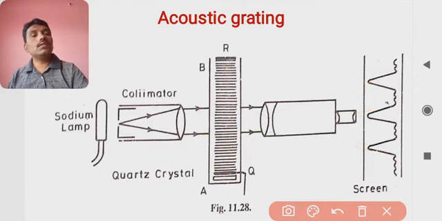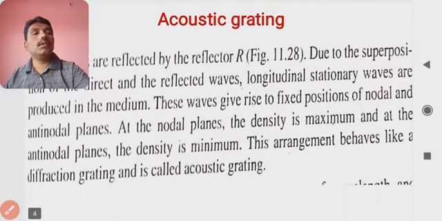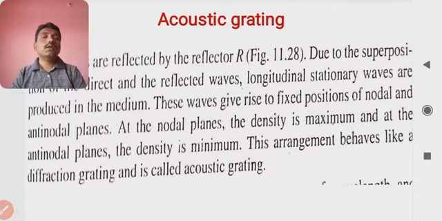Now in this case, using this spectrometer, we are already aware, or you will get this experiment totally in your practical lab work, how to calculate with such types of arrangements, which is nothing but your acoustic grating.